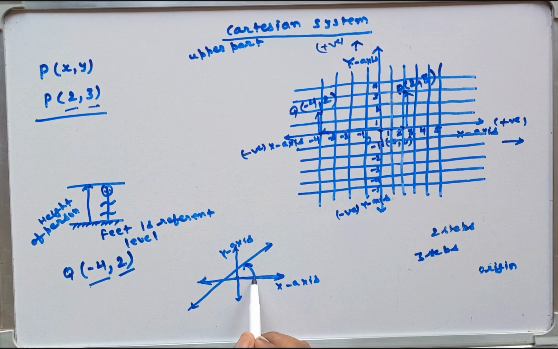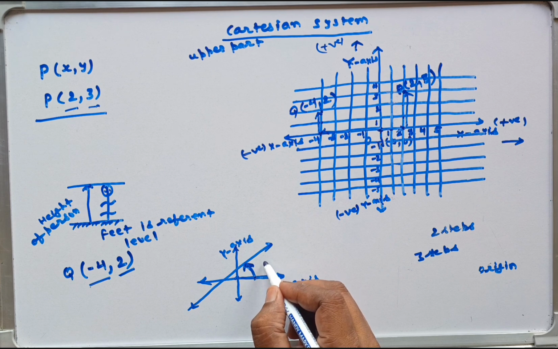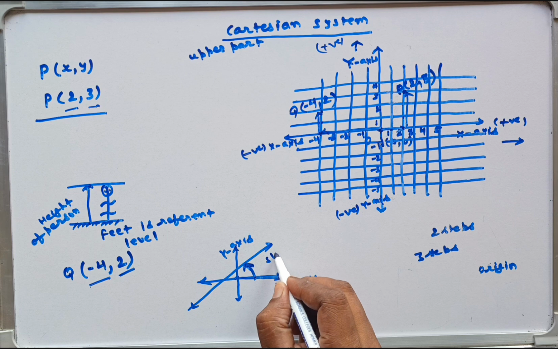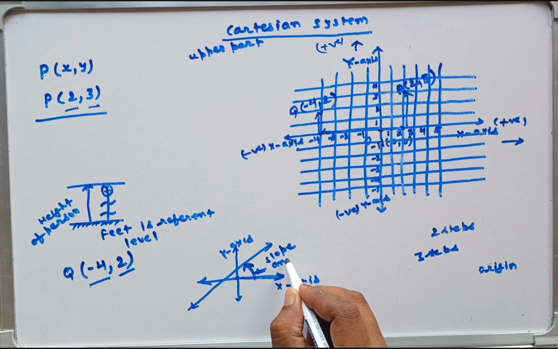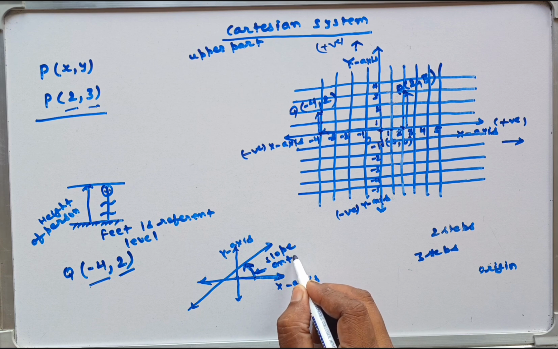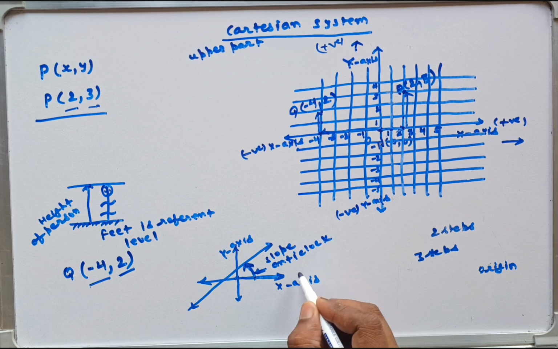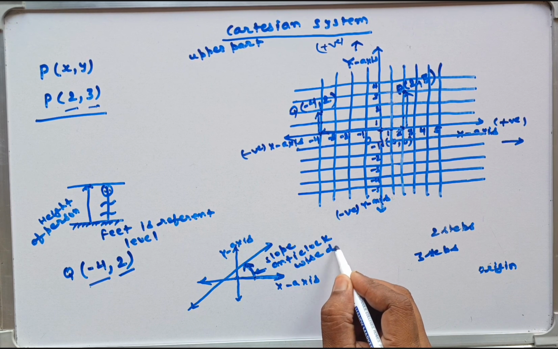So guys, see, we are moving along an arc. This arc is making an angle, which is also known as a slope. Angle is always measured in the anti-clockwise direction.